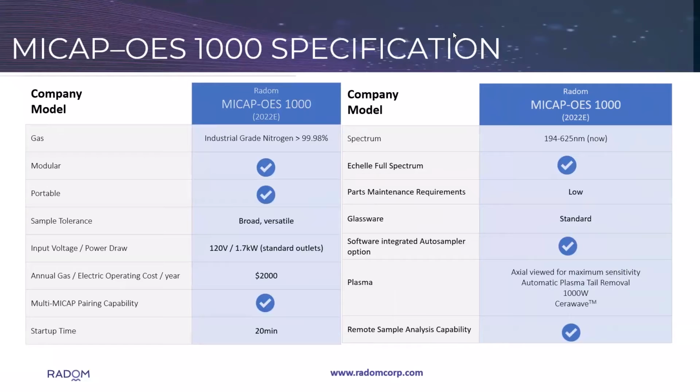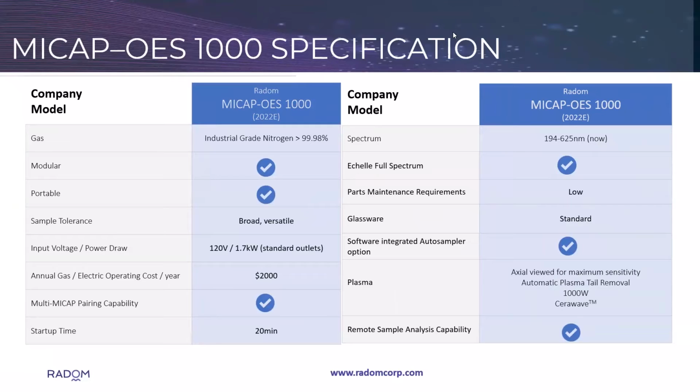This is our current wavelength range. It's modular and portable. The sample tolerance is broad, anywhere from water to high dissolved solids to organic solvents. We use standard glassware, which we'll see in a moment, as our application team shows you how quick and easy it is to set up the MICAP-OES.